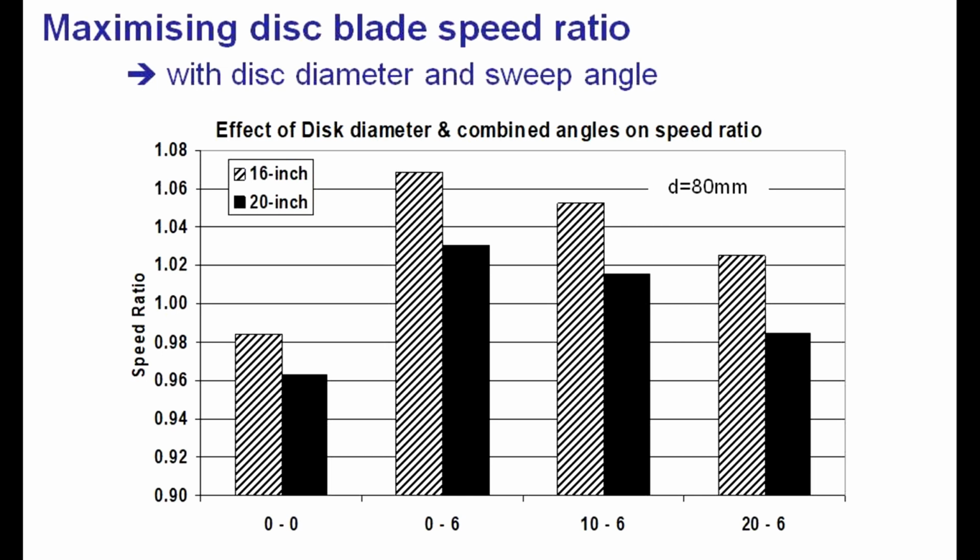The speed ratio is a key parameter that we've measured in our research. The speed ratio is the ratio of the peripheral speed, essentially rotation speed, as a proportion of the forward speed. So a ratio of 1 means that the peripheral edge of the disc blade is at the same speed as travel. But we can see from some of the measurements we made that some configurations give us a slow rotation of the disc, which makes it difficult to cut because the disc is slowing down the process of cutting.